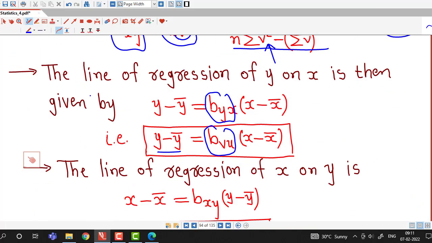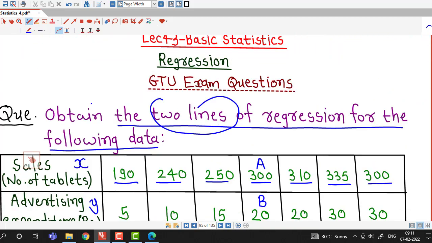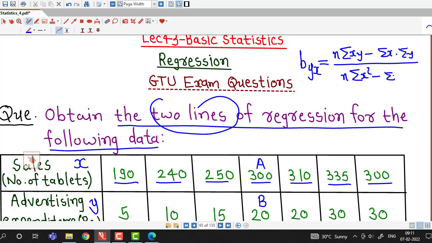You can imagine if we are not changing the origin, then we will require all these summations. Suppose we are computing byx by direct formula. Direct formula is n times sigma xy minus sigma x times sigma y divided by n times sigma x square minus sigma x whole square.